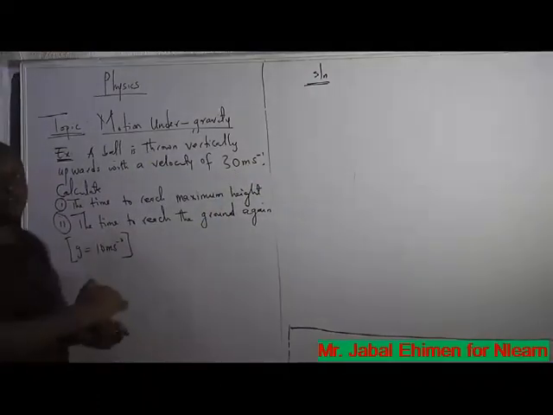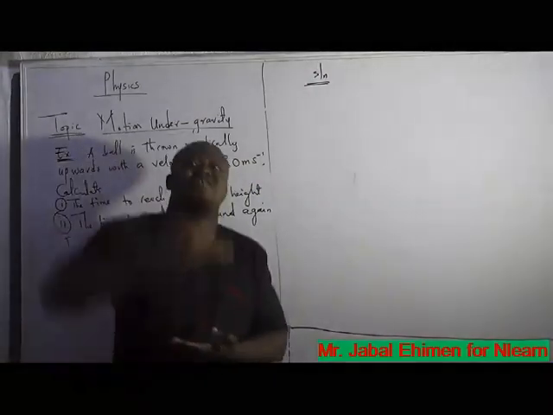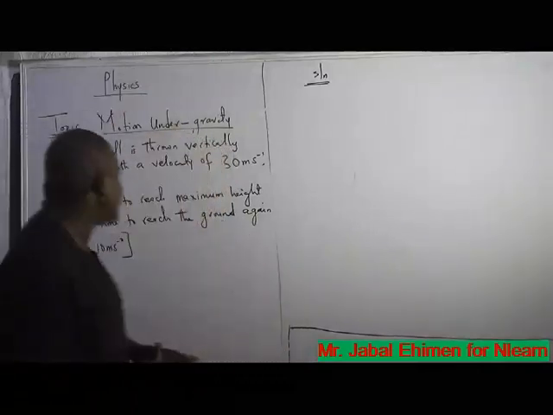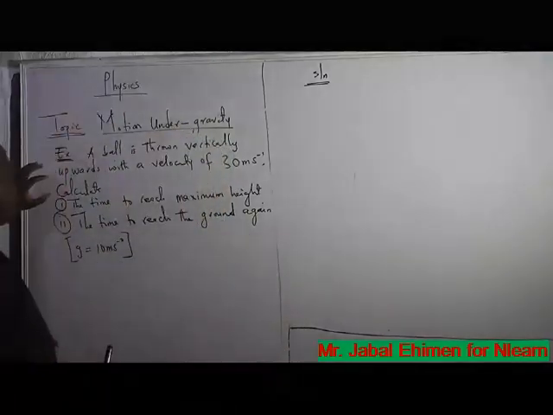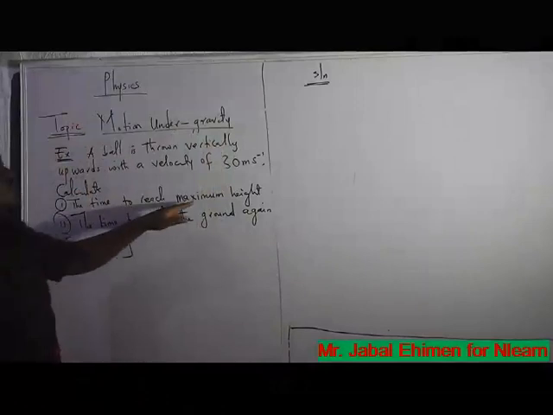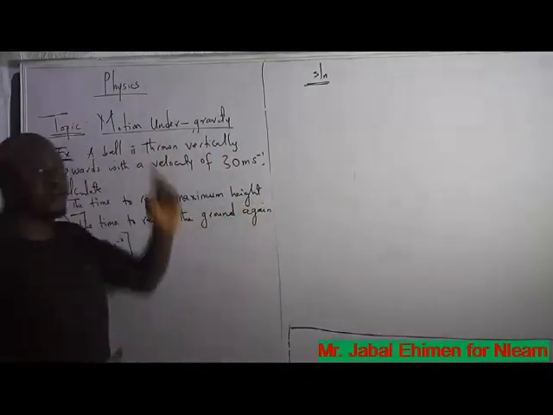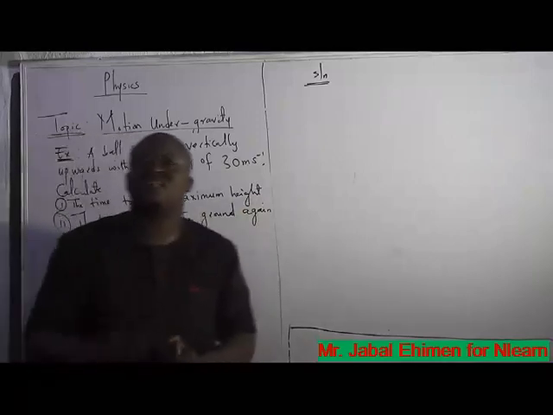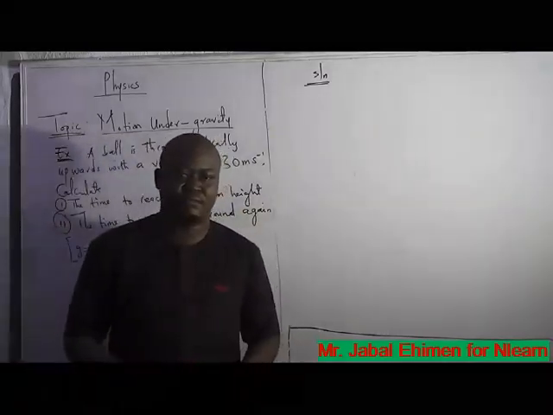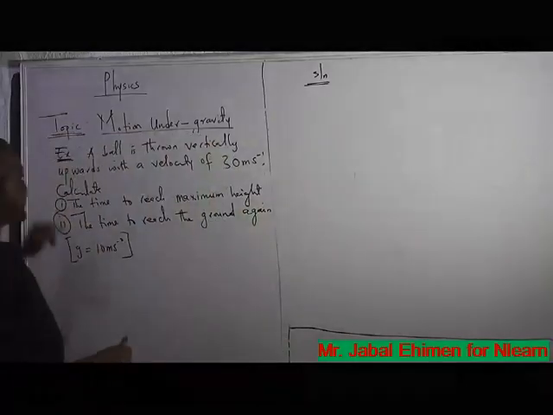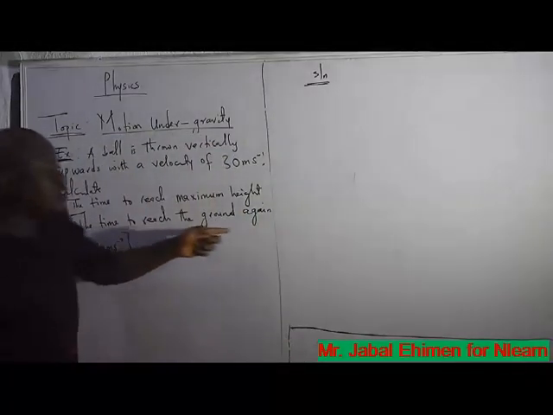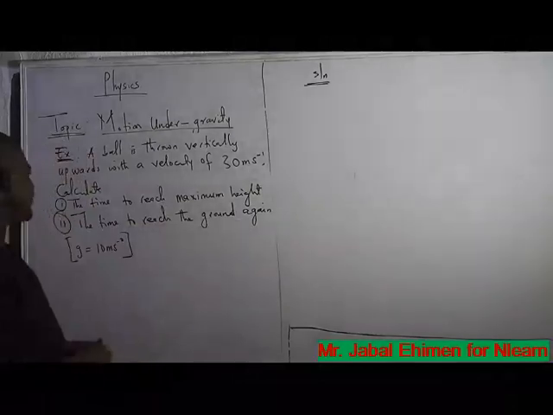It was thrown with a velocity of 30 meters per second, vertically upwards. It said calculate the time to reach maximum height. Now, from it being thrown vertically upward, it shows that it is a motion under gravity. Good. It also said the time to reach the ground again. That's the second question. We'll start with the first one.